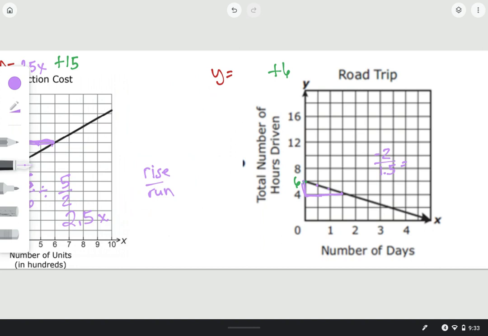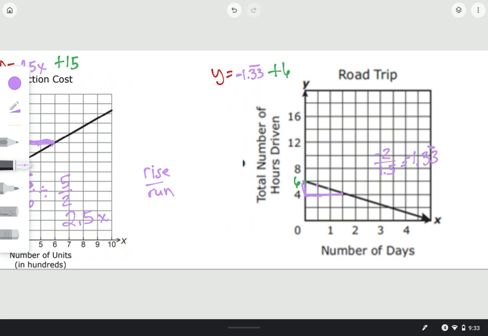So 2 divided by -1.5 is actually going to be 1.333 repeating, and it's negative. So y equals -1.33 repeating. Again, you can leave it as a fraction if you want. That's totally fine. Or you can make it as a decimal.